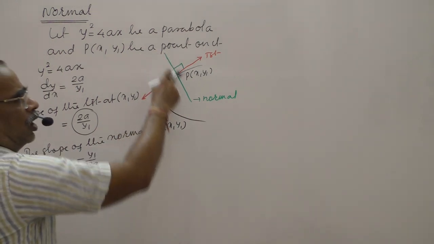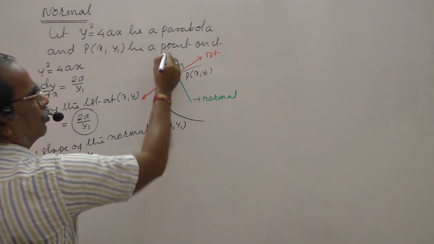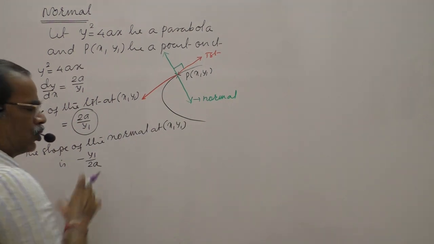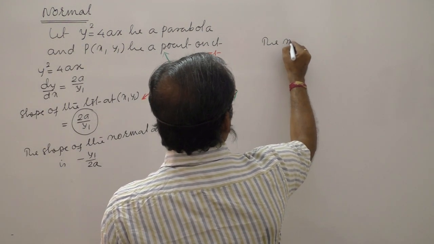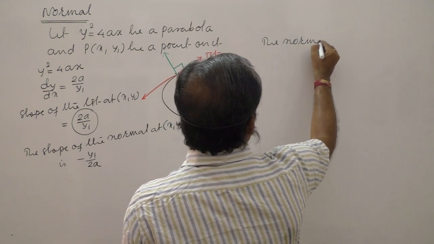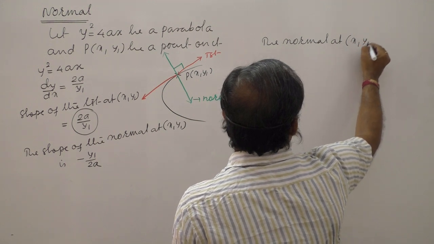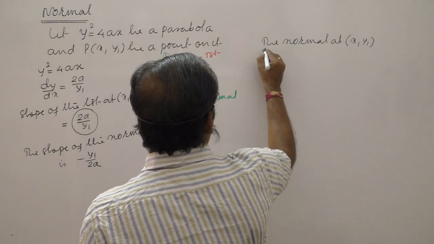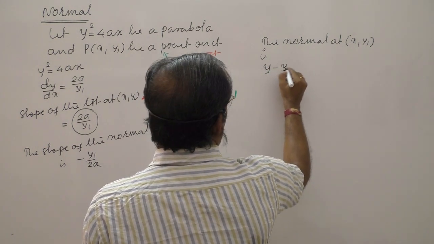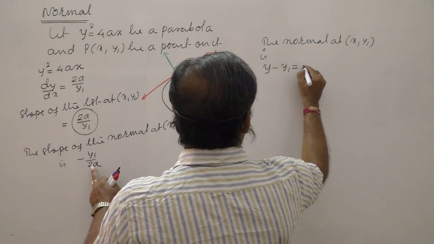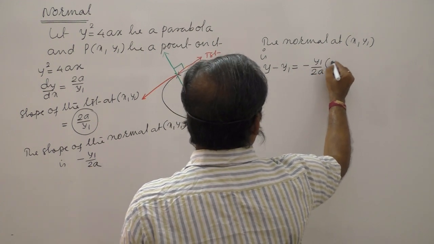Now on the normal we have a point, and also the slope. Therefore the equation of the normal at the point (x1, y1) on the curve, again using point slope form, is y minus y1 equals m times (x minus x1), where m is minus y1 by 2a.